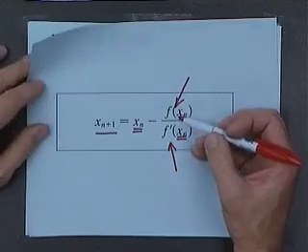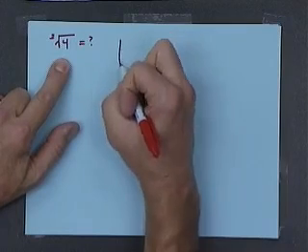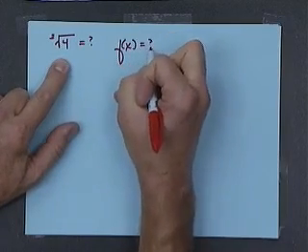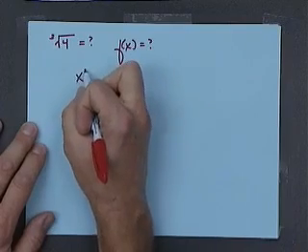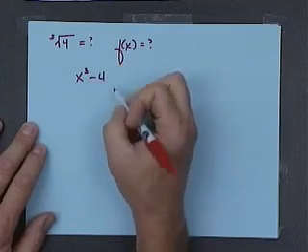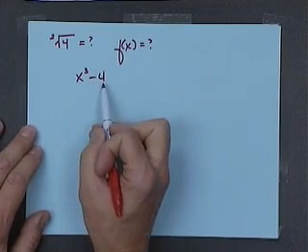So we need a function for which this is the solution. Okay? So we're not given that, so you have to make your own. So what would the cube root of 4 be a solution to? x cubed minus 4. If we had x cubed minus 4, then the cube root of 4 is a solution to that.